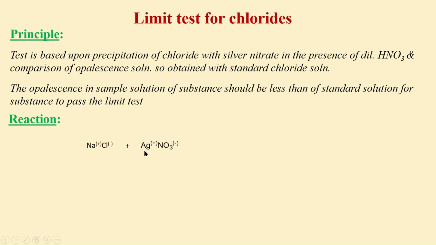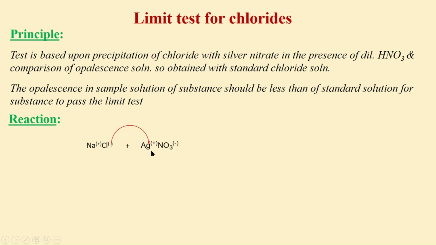Silver nitrate has Ag+ silver ions and NO3- ions. These are anions, these are cations. Sodium chloride reacts with silver nitrate in the presence of dilute nitric acid. The chloride ions are electron rich. The silver ions are electron deficient.